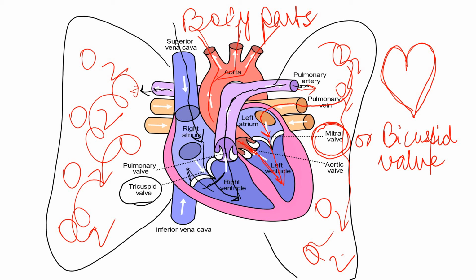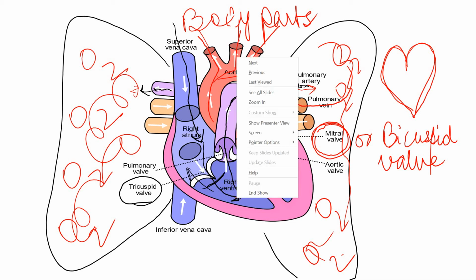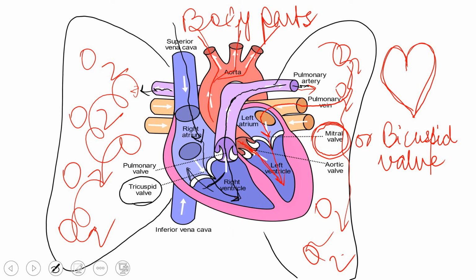See, impure blood or carbon dioxide rich blood enters the first chamber, the right atrium, via the superior vena cava. Then from the right atrium it travels through the tricuspid valve and enters the right ventricle. From this right ventricle it enters the pulmonary artery, which carries the deoxygenated blood to the lungs.